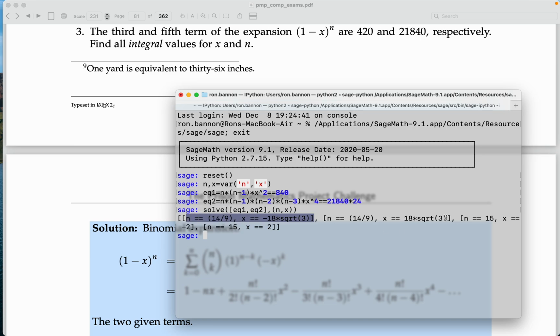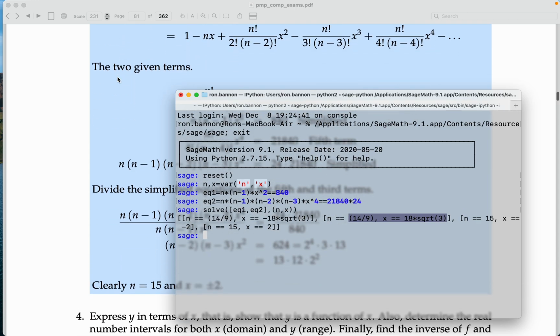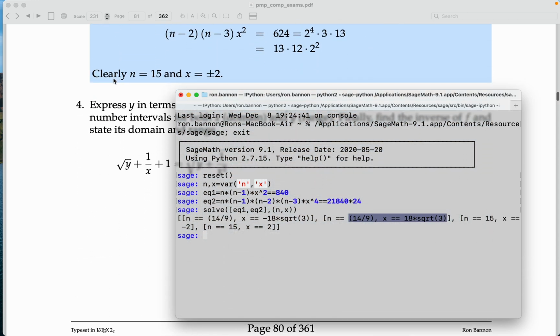The second solution I'm getting, this is x and n. These are not integers, but now I'm getting integers. And what are the integers going to be? 15, minus 2 and 15, 2. All right, so 15 for n, minus 2 for x, 15 for n, 2 for x. All legitimate values, by the way. So let's take a look at what they got for the answer over here and see if they got the same answer. Yeah, they did. They said n is 15, x is plus or minus 2.